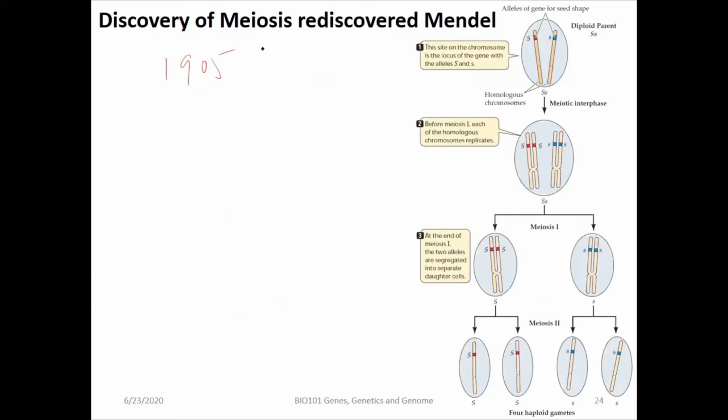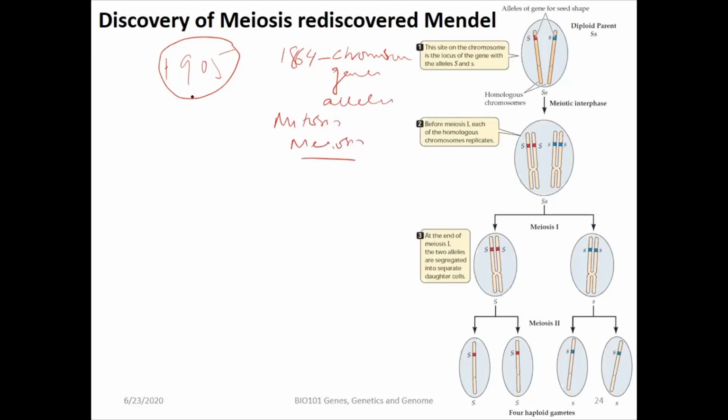Remember, 1864 was Mendel's time. Then they had no idea about chromosomes, no idea about genes, and not even alleles. They had no idea about mitosis or meiosis.